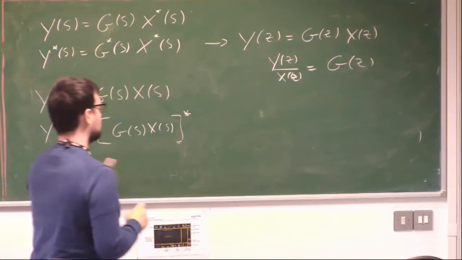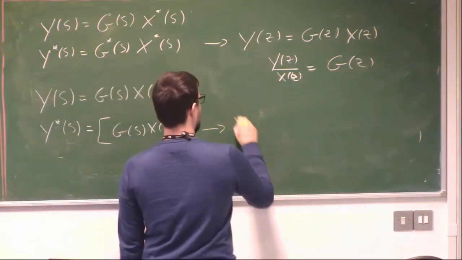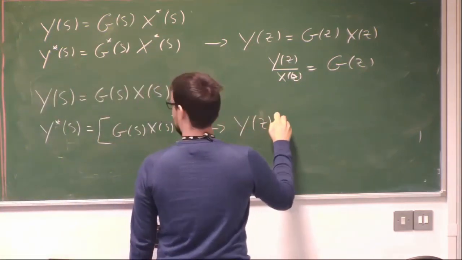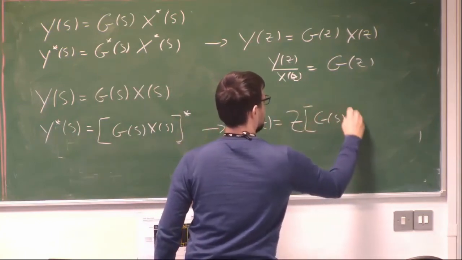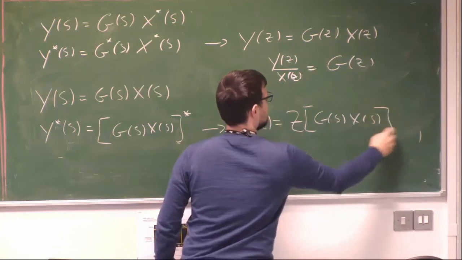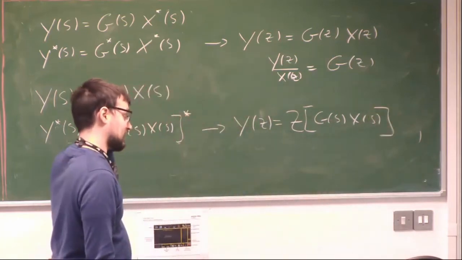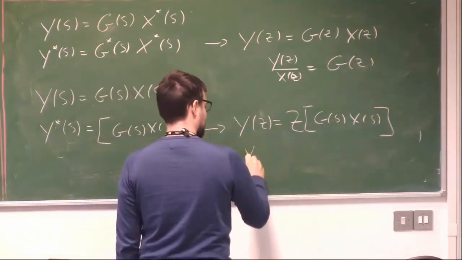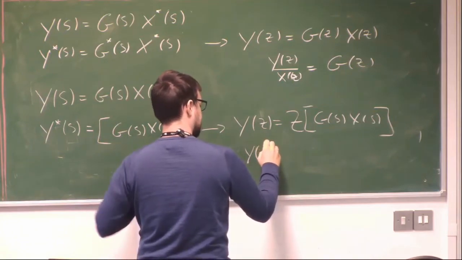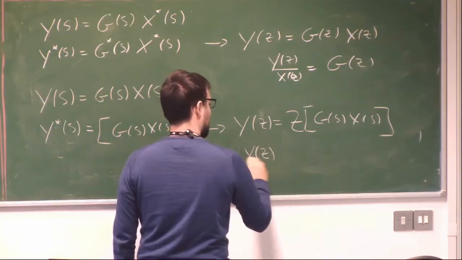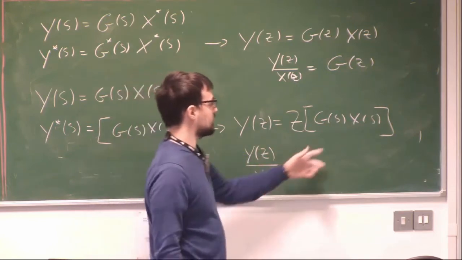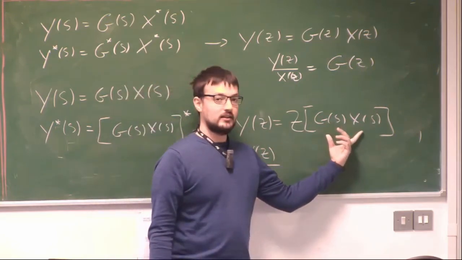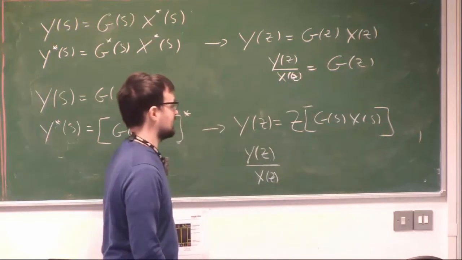So when we go to the z domain, this will be equal to y(z) equal to the z transform of g(s) x(s). And this is a problem. The problem is that if we want to compute the transfer function y(z) divided by x(z), we cannot do it because we cannot isolate x(z) outside this block.